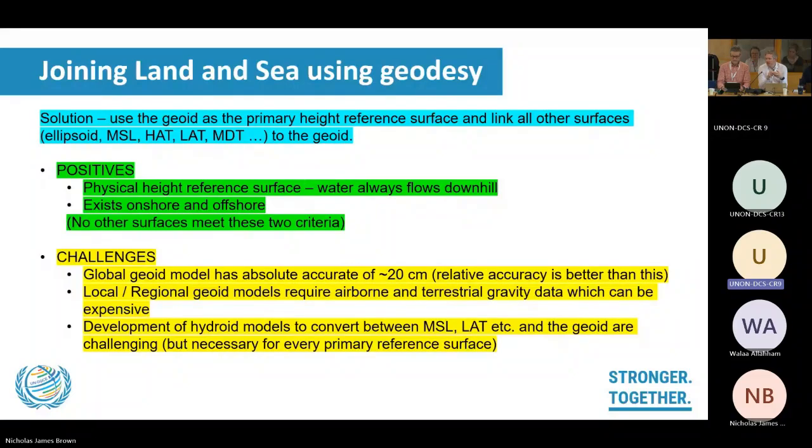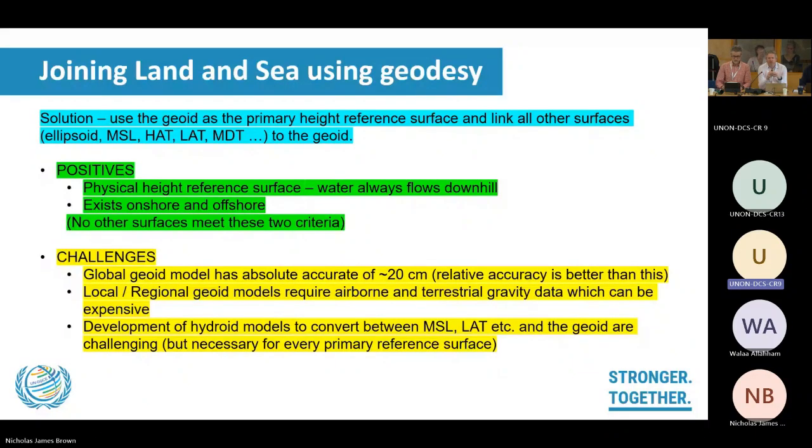So if you're from a country where your land and sea boundaries, that littoral zone, is a challenge and something you need to be working on, this is extra advice for you to let you know about the importance of having a good geoid model for your country, because it is the link between your offshore and your onshore resources.